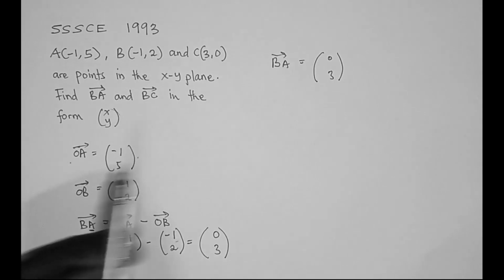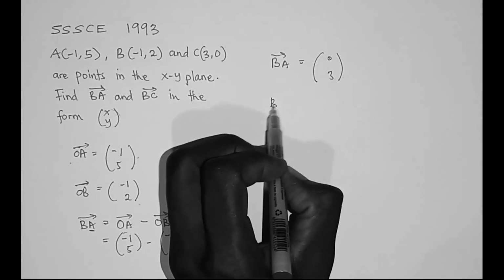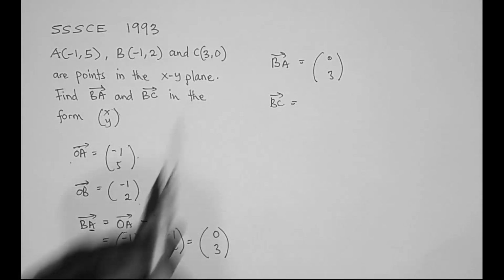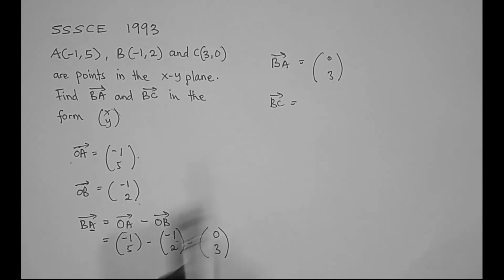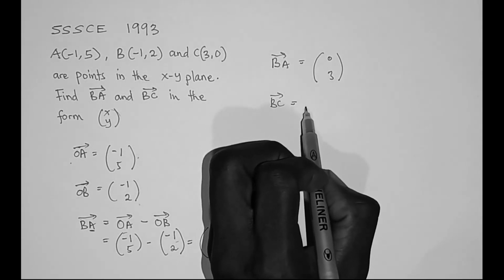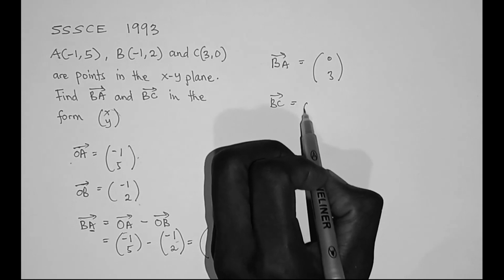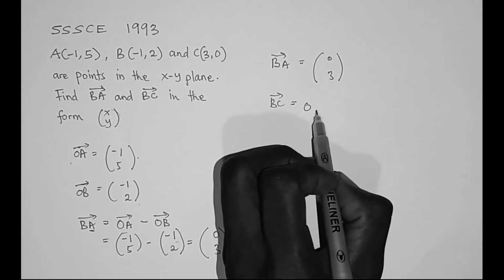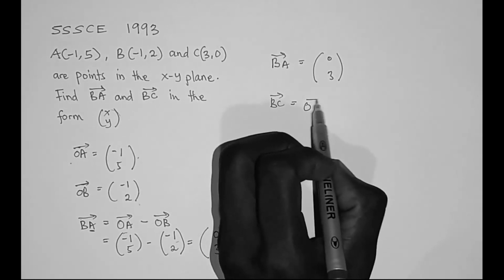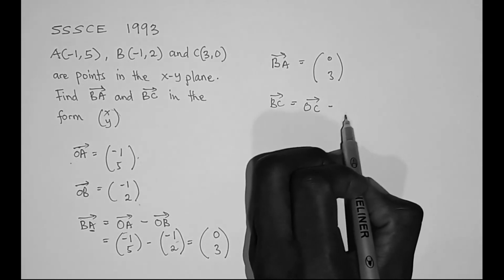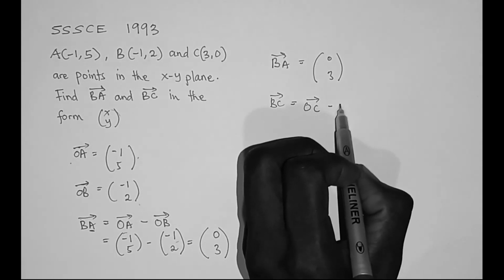Let's find BC. You can pause the video at this point and find BC. BC is the position vector of C, which is OC, minus the position vector of B, which is OB.